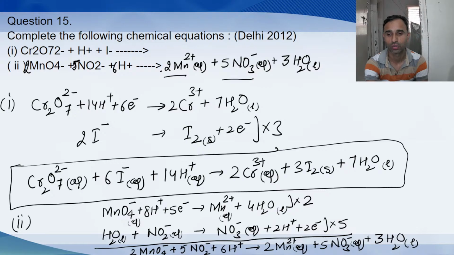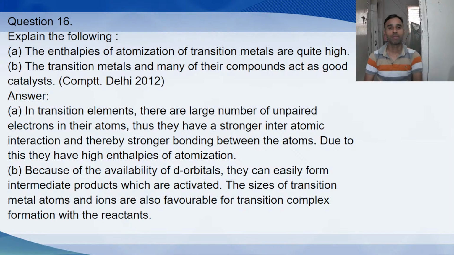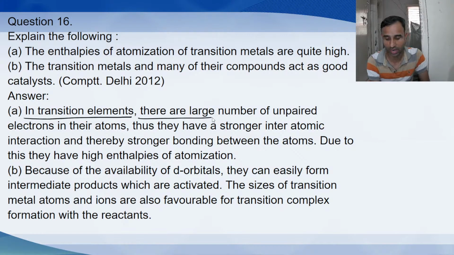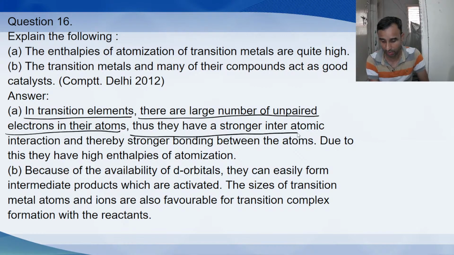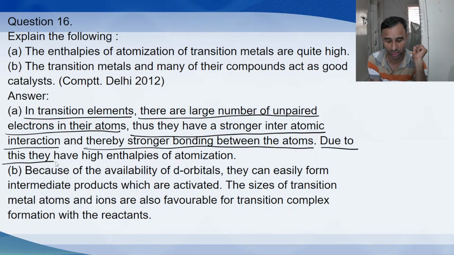Next, enthalpies of atomization of transition metals are quite high. Same reason: because they have a large number of unpaired electrons, metallic bonding is strong. In transition elements, there are a large number of unpaired electrons in their atoms. Thus they have stronger interatomic interaction, that is strong metallic bonding, and due to this they have high enthalpy of atomization.